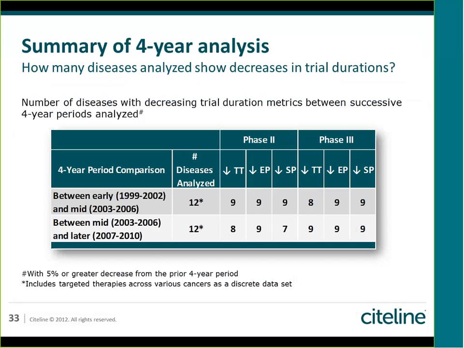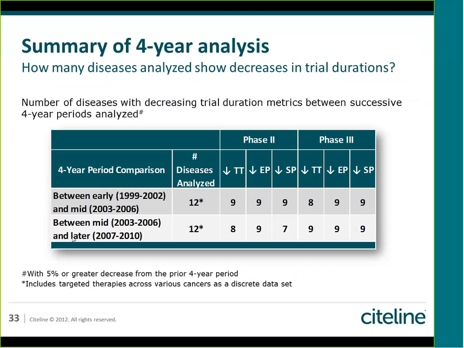So as I mentioned before, this similar 4-year analysis was done for all the diseases listed, and it really produces quite a vast amount of data. But if we look at this very simply at the number of diseases that show decreasing trends in these 3 timeline metrics, that's what's shown here. So we're comparing the middle 4-year time period to the most recent 4-year time period.